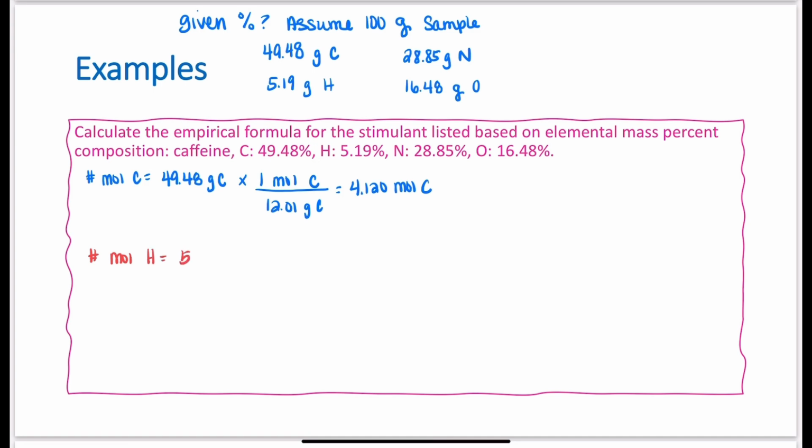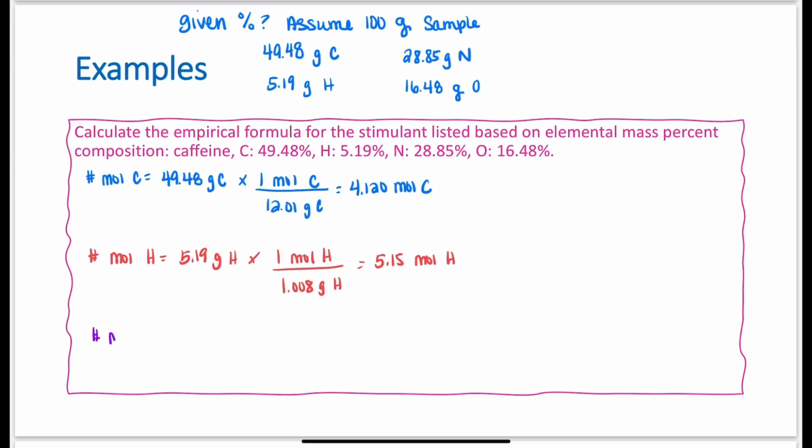My number of moles of hydrogen, I've got 5.19 grams of hydrogen. 1 mole of hydrogen weighs 1.008 grams, and this gives me 5.15 moles of hydrogen. Notice the 3 sig figs because I only had 5.19 grams of hydrogen, which is 3 sig figs.